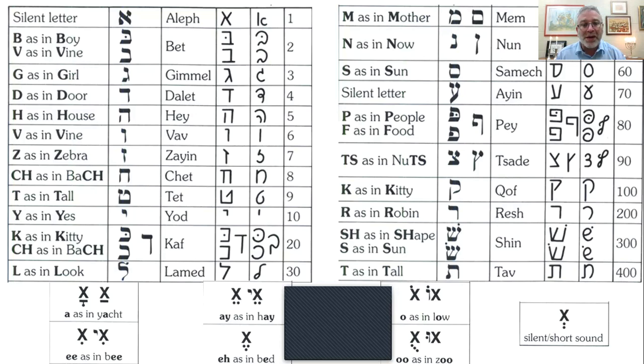You sort of swallow it. It's a more guttural sound. And the same is true for the ayin. The ayin on the right side is also silent, just like the aleph, but the aleph is truly silent, and the ayin you sort of swallow. Like the word shavua, which means week, is actually pronounced with the ayin swallowed at the end if you're pronouncing it with the full guttural pronunciation.